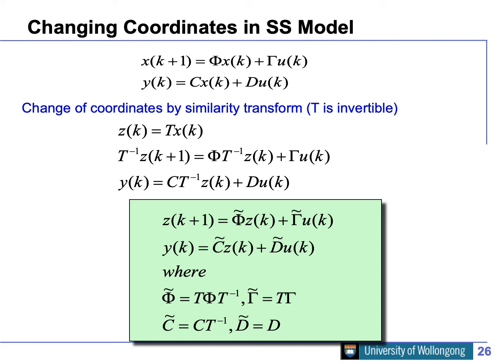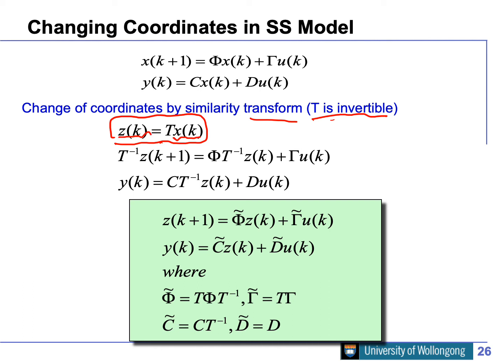So in the discrete time state space model, similarly to the continuous time, we can change the coordinates. We can change to a different way of representation. We can change the state by doing a transform, as long as T is full rank, which means T can be inverted, and you can represent the system either in the coordinate of xk or in the coordinate of zk.